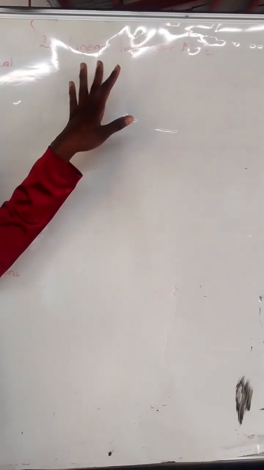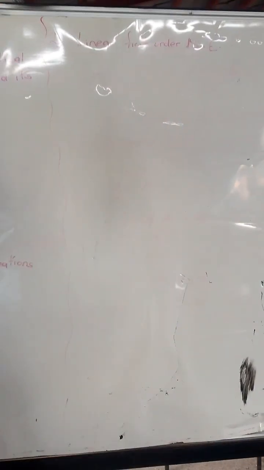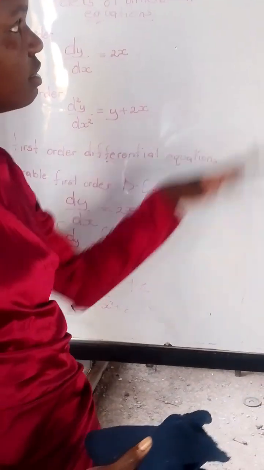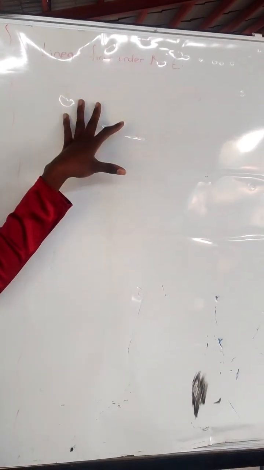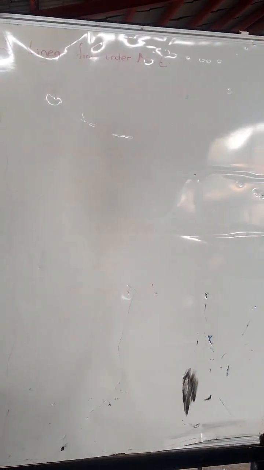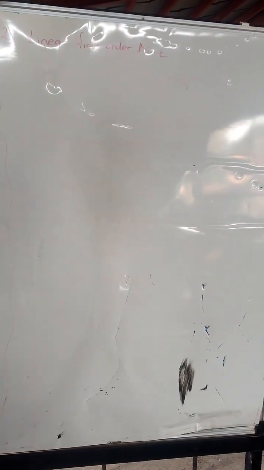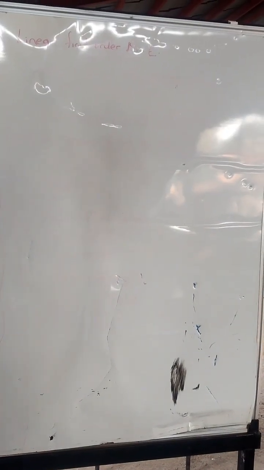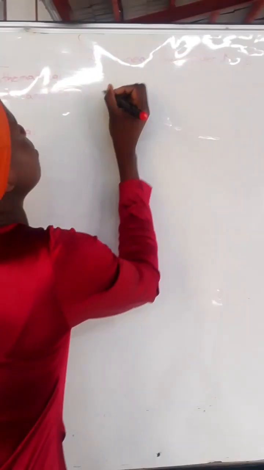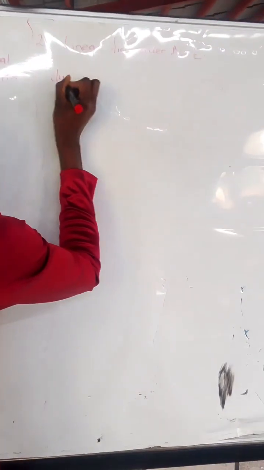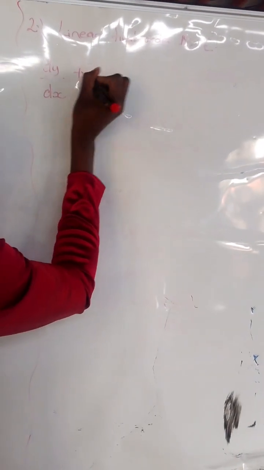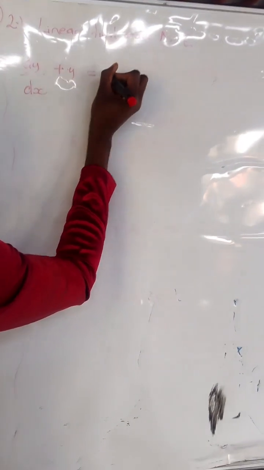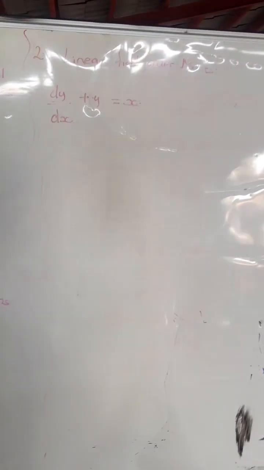For these ones, we cannot solve them using this method. Instead, here we first get the integrating factor so as to solve them. Examples, what can we have under the examples? We can have dy/dx plus y equal to x.